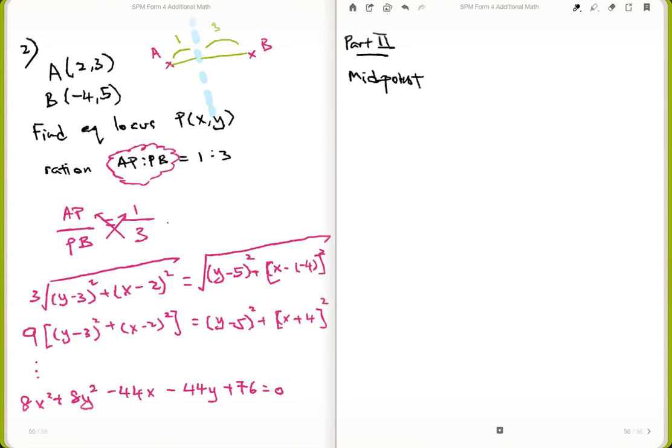Midpoint is rather straightforward because midpoint for any coordinate means it is in the middle. So if you have a point, a line is always the best way. If I were to have a line, point A, point B, middle, maybe you want to balance it in the middle, maybe here.